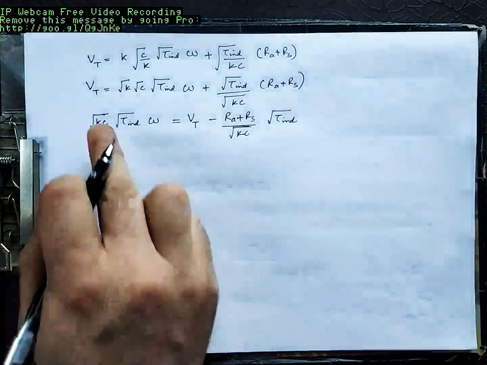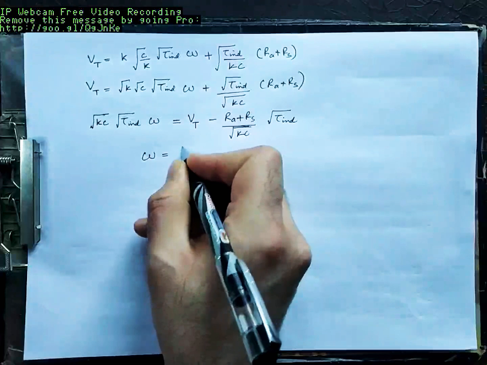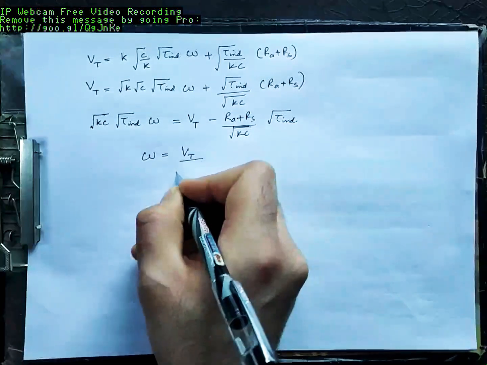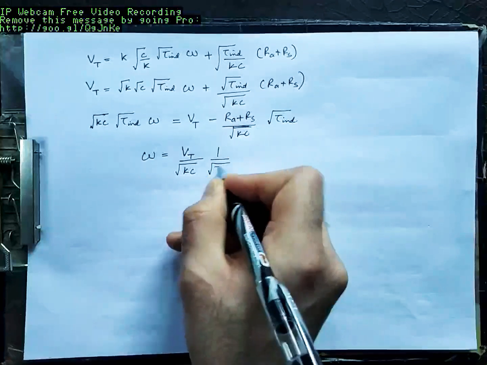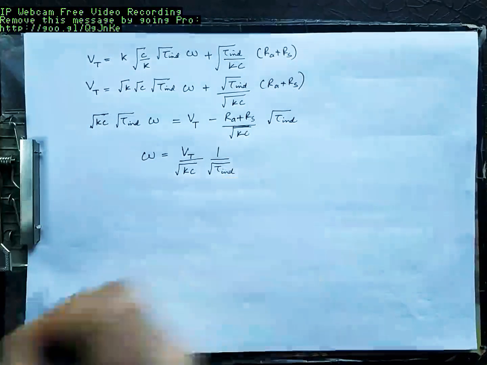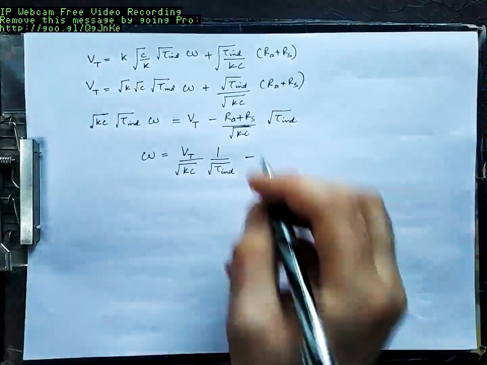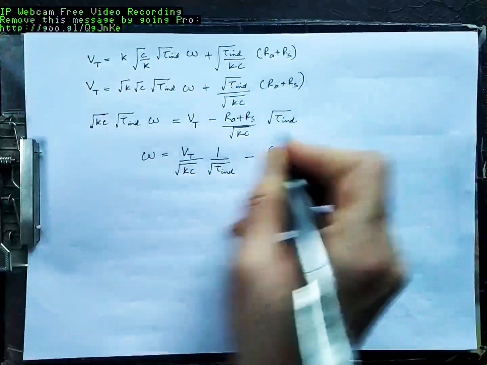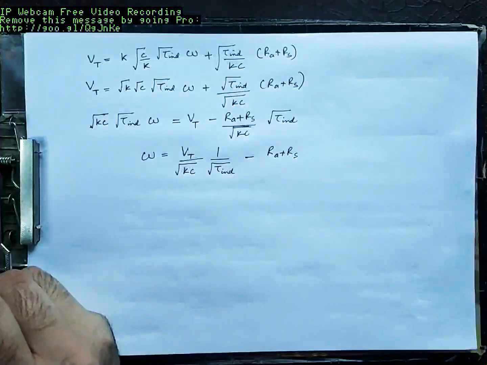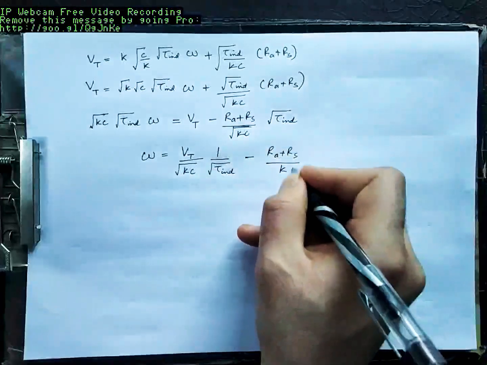So I will divide by this here, so omega is equivalent to Vt divided by under root of Kc into 1 by under root of tau induced, minus (Ra plus Rs) divided by Kc.